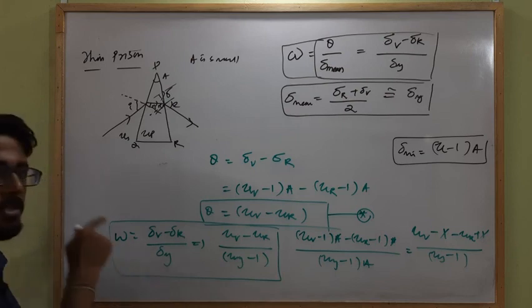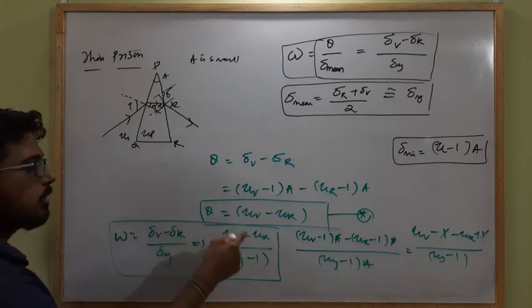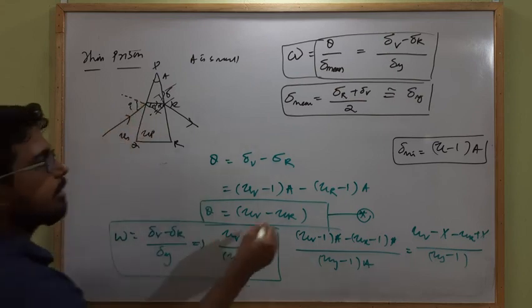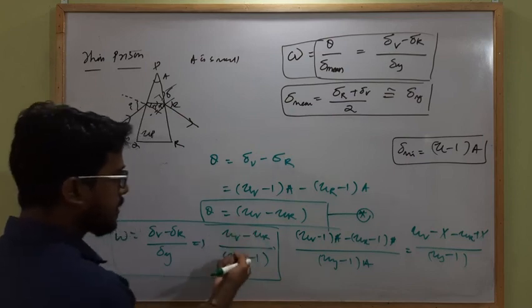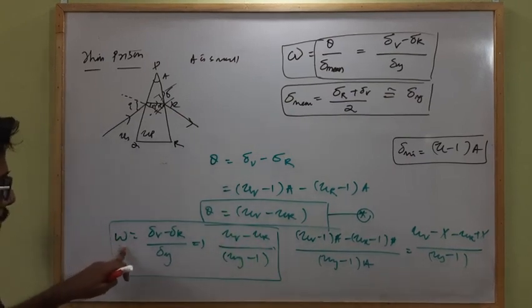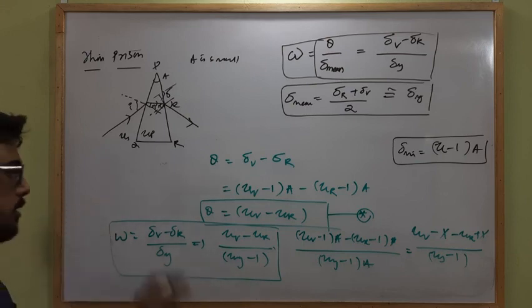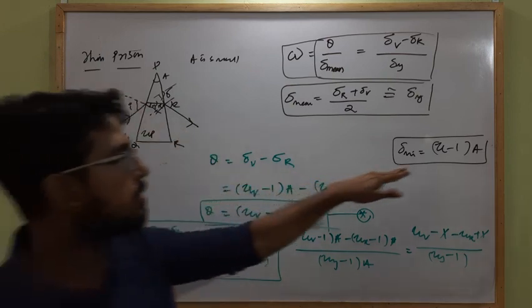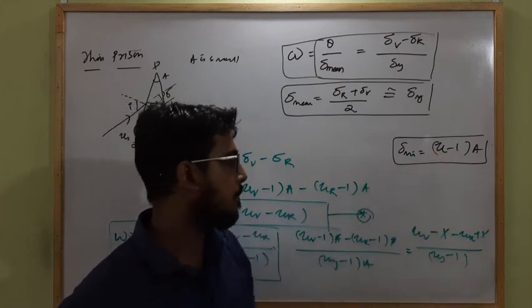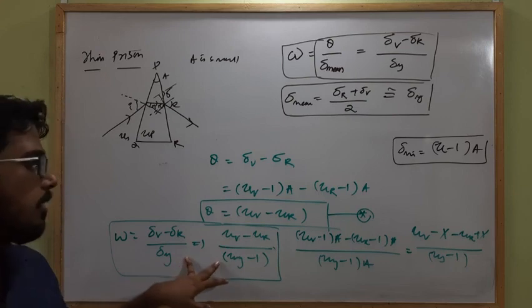So from this relation we get that the power of dispersion is a property of the medium. It does not depend upon the prism because it is independent of the angle of prism. Here there is no angle of prism, only the refractive index of the substances. So the dispersive power depends upon the property of the medium of which the prism is made. Clear? So this is how a thin prism behaves: this is the expression for minimum deviation, this is the expression for angular dispersion, and this is the expression for dispersive power.